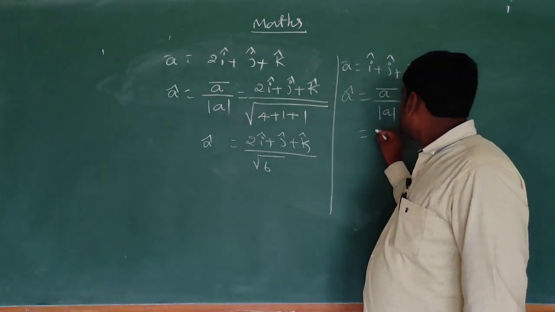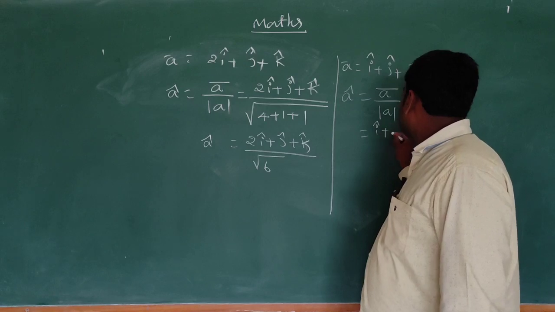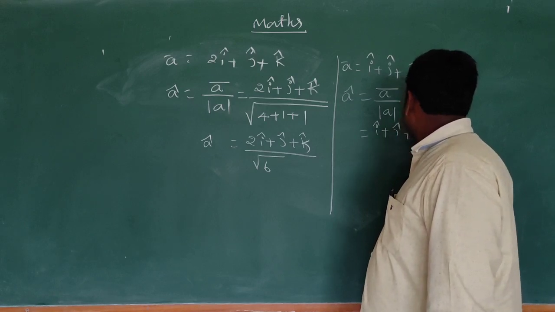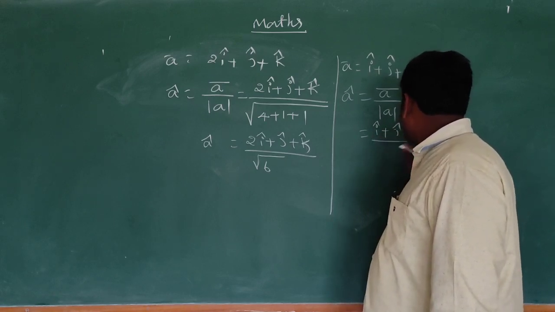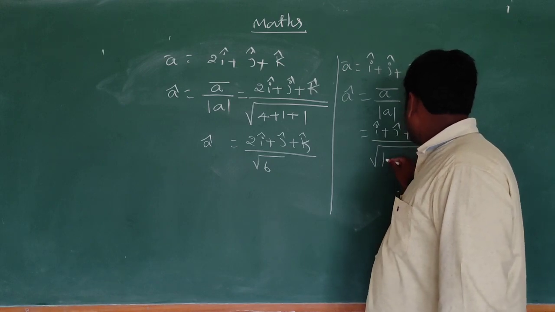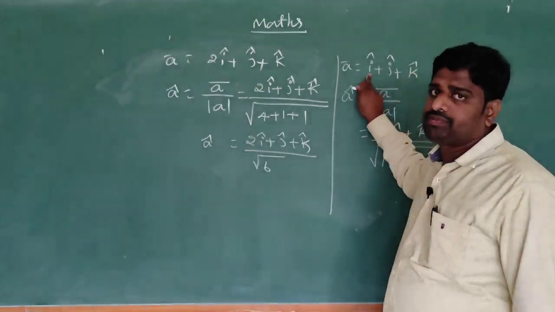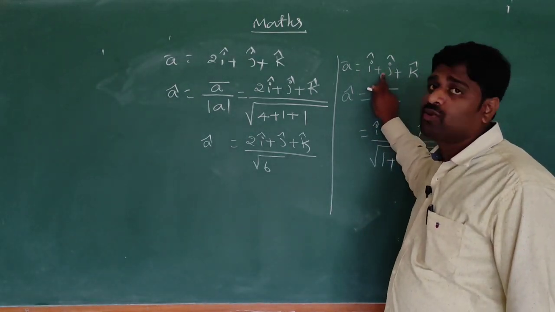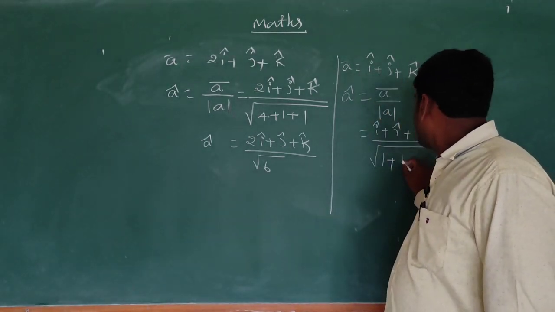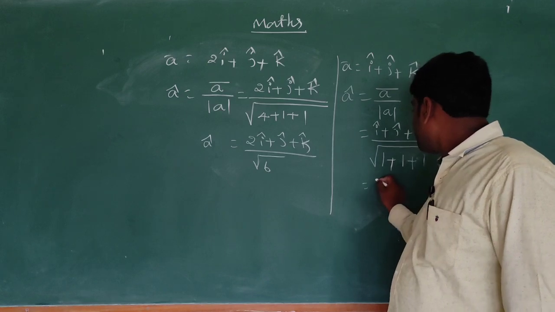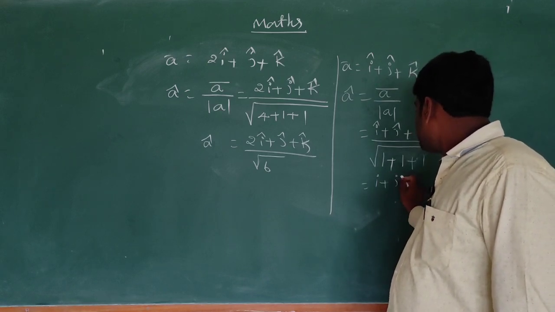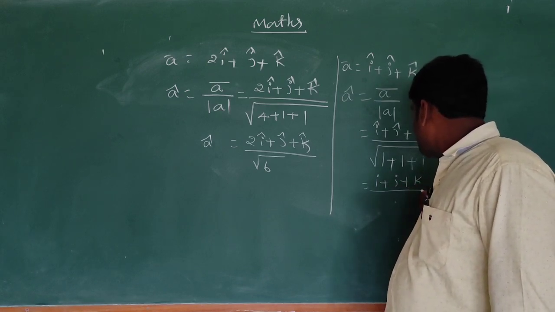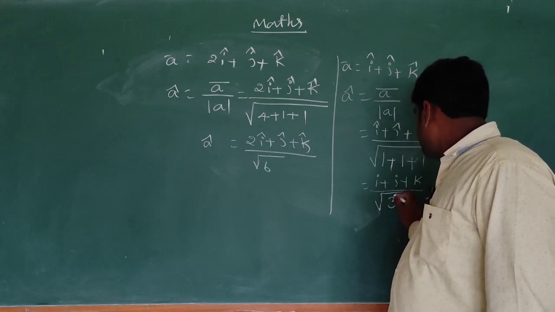So a bar is i cap plus j cap plus k cap divided by square root of 1 plus, here the i coefficient is 1, the j coefficient is 1, the k coefficient is 1, so 1 plus 1 plus 1. That means i cap plus j cap plus k cap divided by root 3.